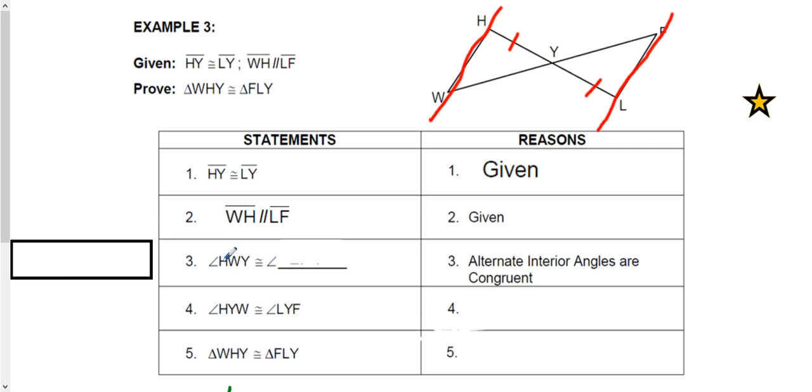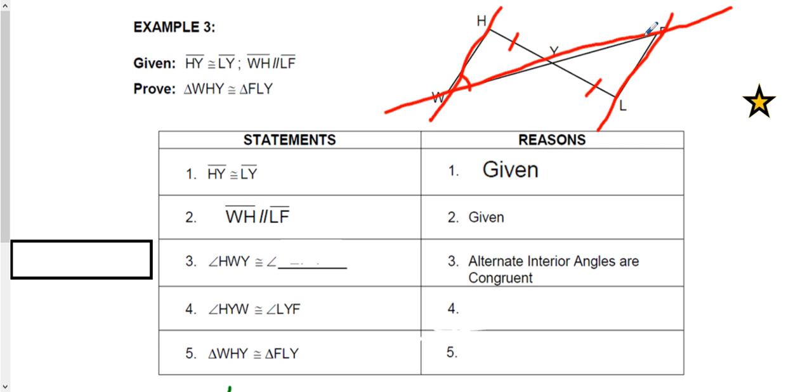So if we look at angle HWY, that's this angle right here. And it's congruent to something. If I cut these parallel lines by this transversal right here, this is an interior angle up here.